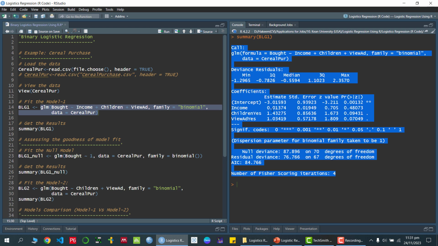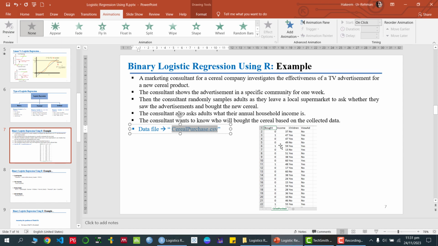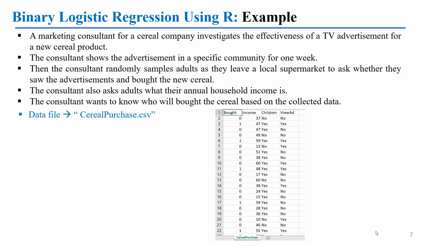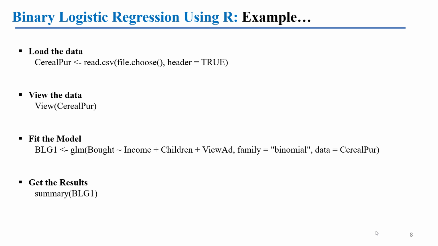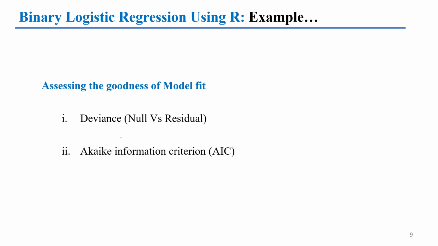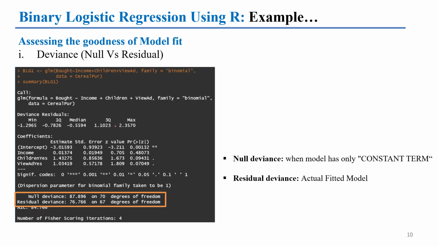Okay, so let's go to the PPT and try to understand how we can interpret those results. As we have already seen, with the help of this command we have read the data, with the help of this command we have viewed the data, with the help of this command we have applied the logistic regression, and with the help of summary we get the result, and those results are basically this one.